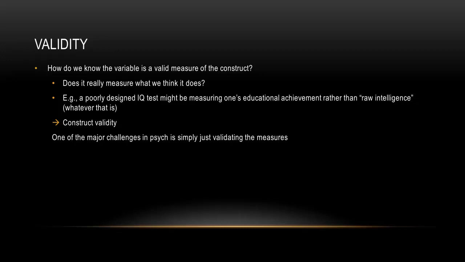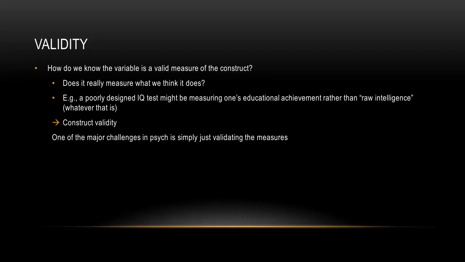Likewise, we could also talk about things like predictiveness, right? So intelligence is supposed to predict something, right? If I think that you have a high IQ, it should predict that you should be successful in school and would be capable of graduating high school or college with a high GPA.